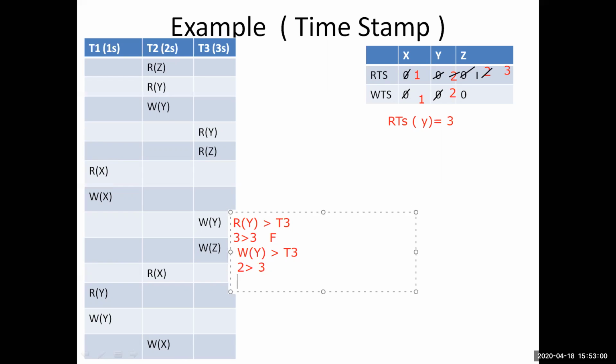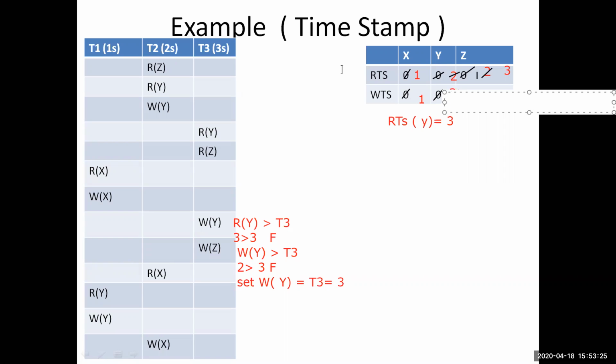Answer is false. So the write of y condition says set the write timestamp of y equal to my transaction timestamp. So it is now getting equal to 3, which was earlier 2. Now this 2 will get updated to 3. So right now the value is 3.